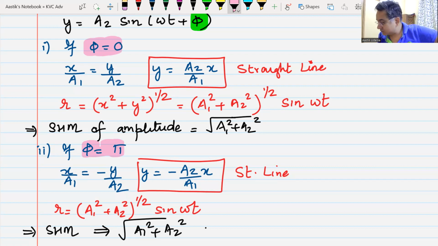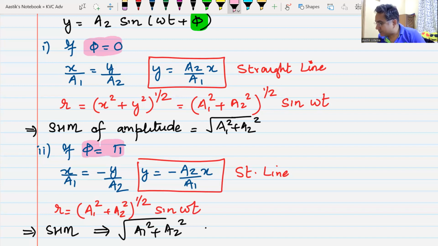Sir, let us consider r equals a1 square plus a2 square whole power 1 by 2 sin omega t as one SHM, and the second one, when the phase difference is pi, as another SHM. Then what is the phase difference between these two SHMs?